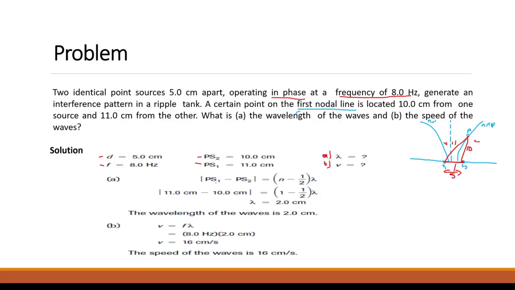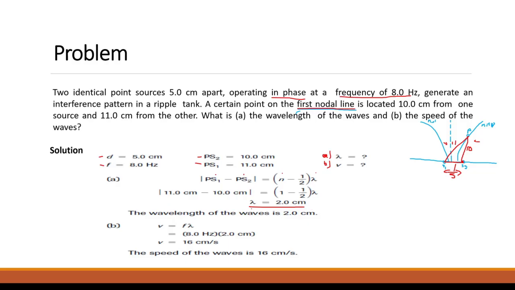And so we say the absolute value of PS1 minus PS2 equals n minus half, all multiplied by lambda. We know this. Do we know n? We do. First nodal line, so n equals 1. And we're just left with lambda. We plug in our values, our units match, and we just rearrange for lambda. Then we're left with lambda is 2 centimeters.